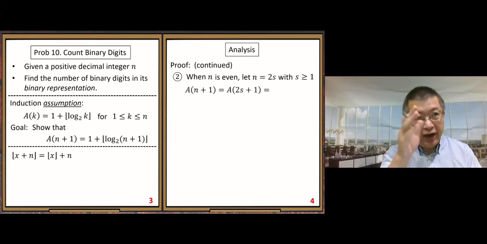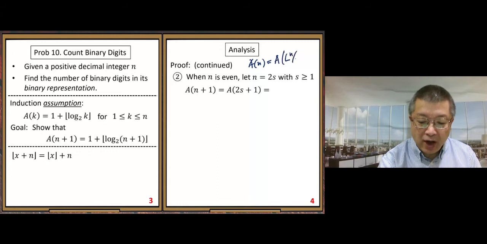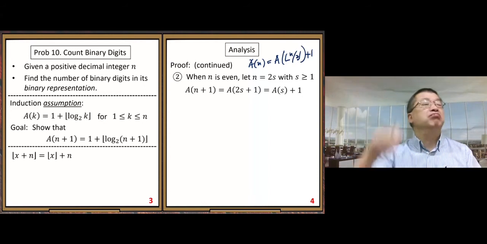Left-hand side: a of n plus 1 equals a of 2s plus 1. This time, we need to use that recurrence relation another time. So let me write it again. We get a of s plus 1.